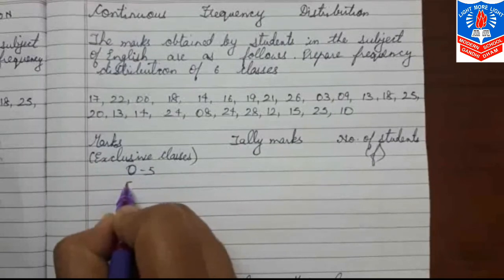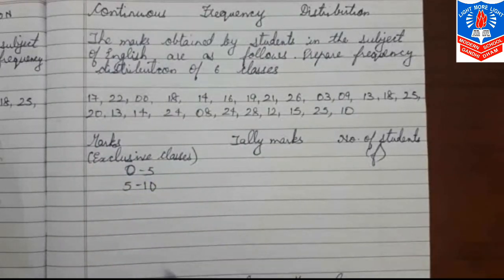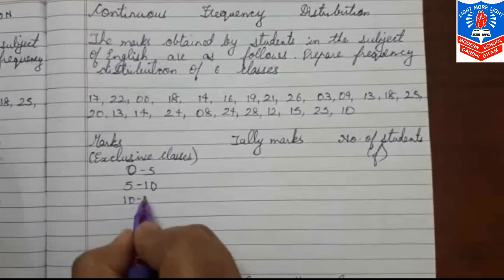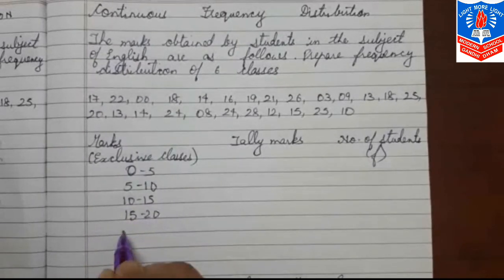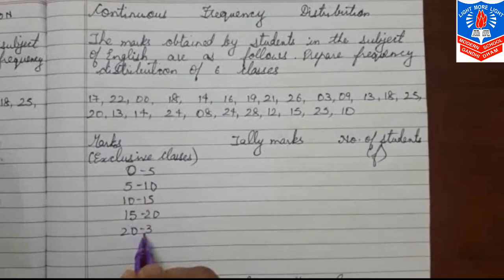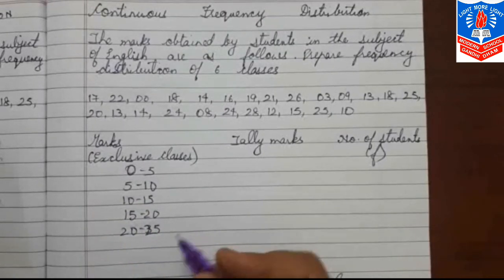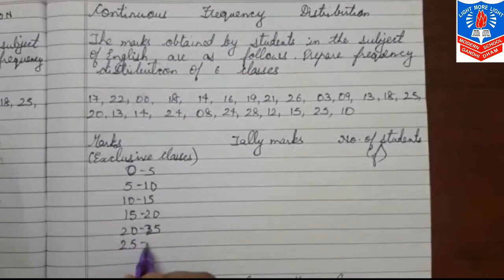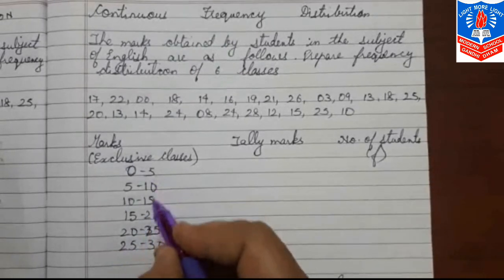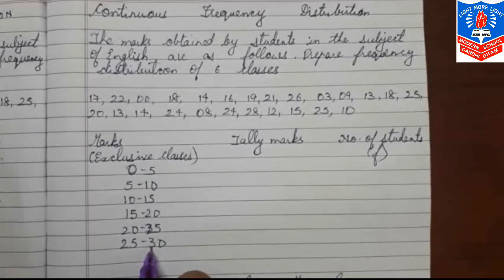Then it will be 5 to 10. See, gap of 5 is a must. 10 to 15, 15 to 20, 20 to 25, 25 to 30. 1, 2, 3, 4, 5, 6 classes are there.